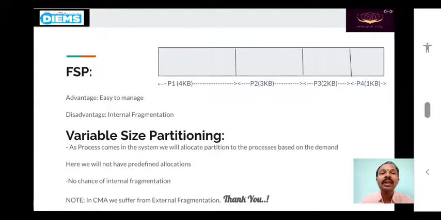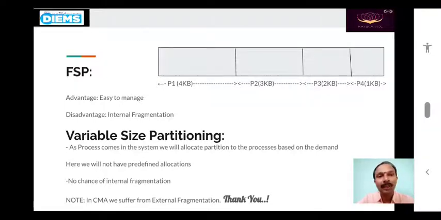So there is no chance of internal fragmentation here. What was internal fragmentation? In fixed size partitioning, the partition sizes were fixed, so for the process that comes into the operating system, depending on its size, we needed to choose a larger partition.